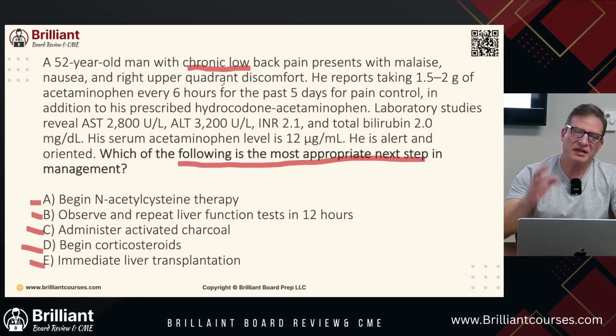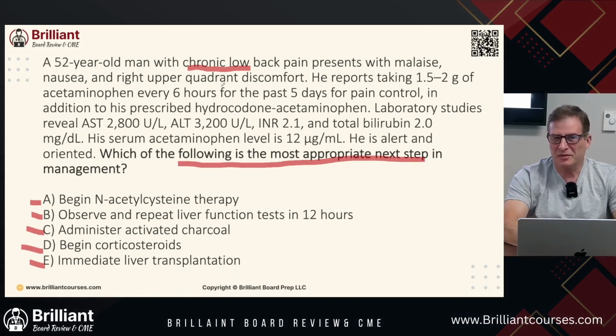Now remember, if they have liver disease, we want to keep them at 2 grams or less, okay? It's 3 to 4 grams in someone who doesn't have liver disease, and less than 2 grams in somebody who has liver disease. For his pain control, he was also prescribed hydrocodone-acetaminophen, so he's also getting acetaminophen from there. So guess what happens?